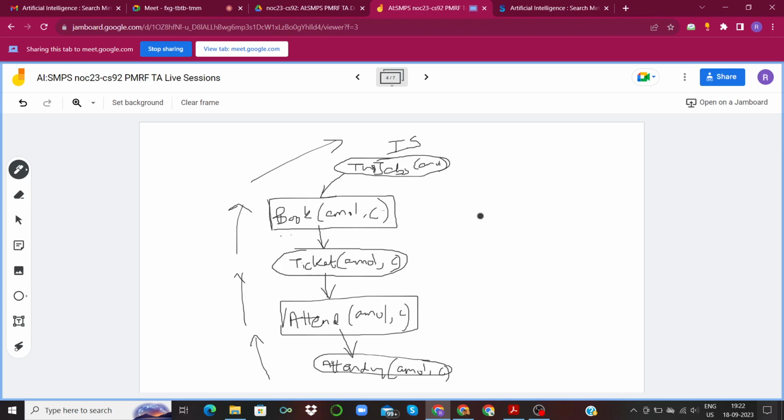Okay, but one problem that we might encounter in using the backward state space planning method is that when we are moving in this direction from bottom to up, all is well and good. But once we try to move in this direction from the initial state to the goal state, we might see that the plan that we have encountered is an invalid plan. Why may that be so? Because when you are considering relevant actions, you're not taking into account the negative effects.